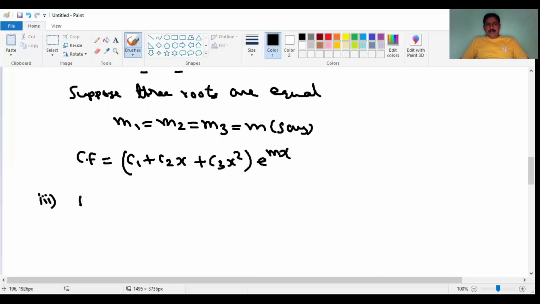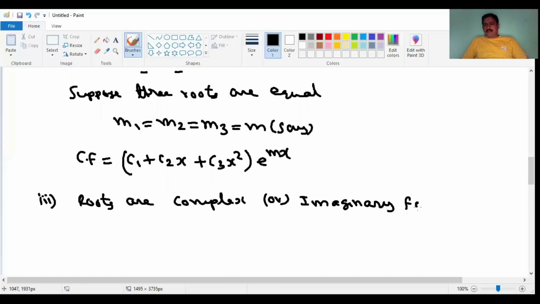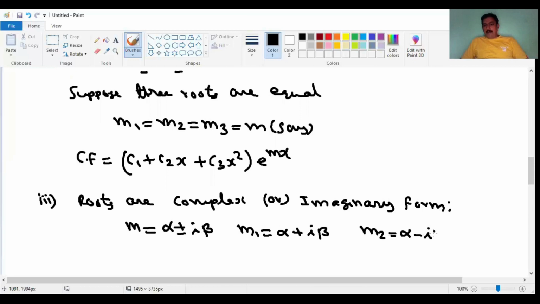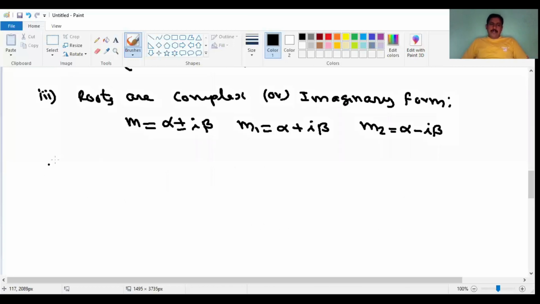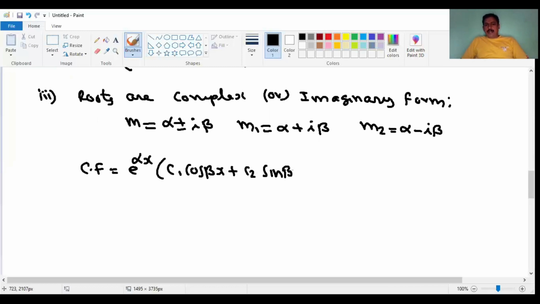Third case, roots are complex form or imaginary form. Say the roots are alpha plus or minus i beta. That is, first root will be alpha plus i beta, second root will be alpha minus i beta. We can write our complementary function as e power alpha x (c1 cos beta x plus c2 sin beta x).